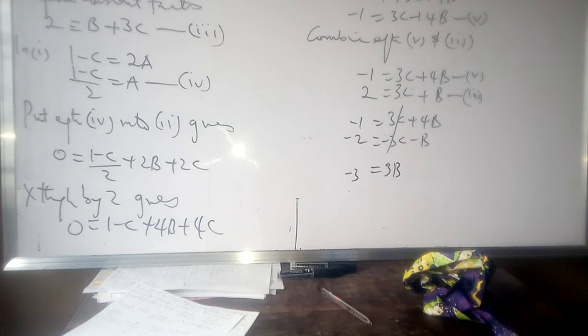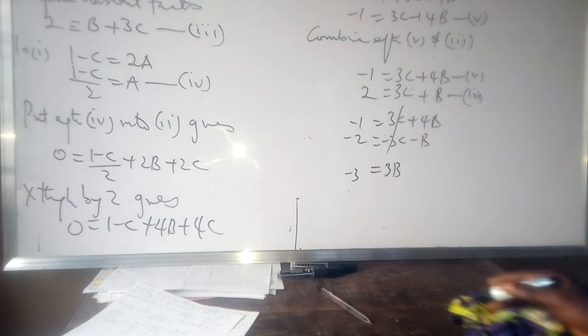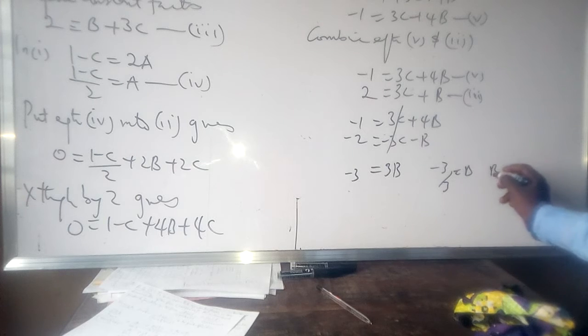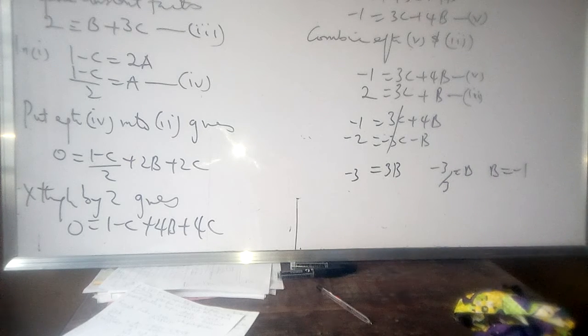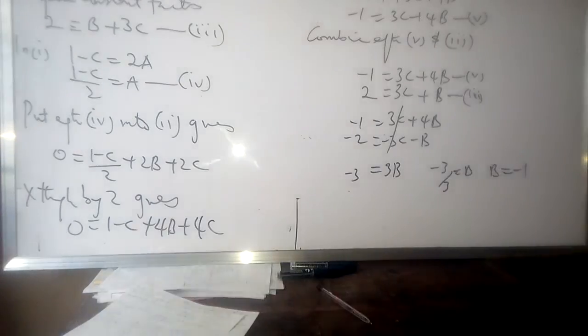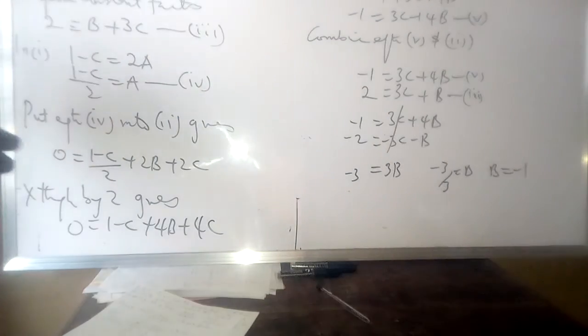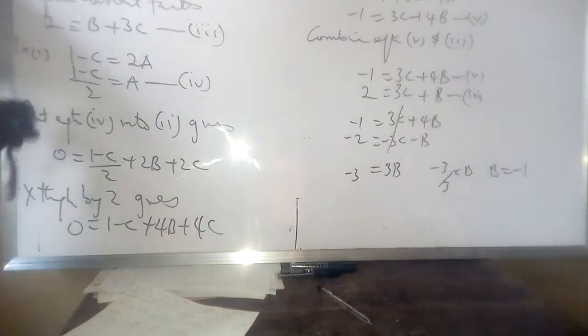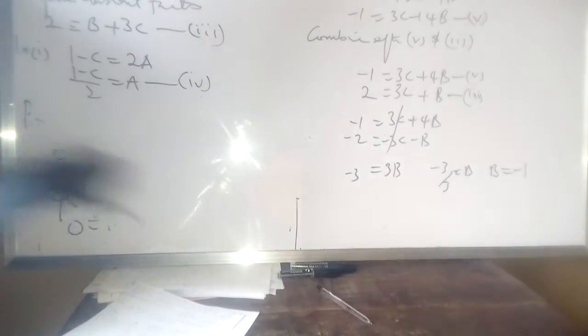So in this case, our b will be, by dividing both sides by 3, minus 3 over 3 equals b. So b is equal to minus 1. So we have gotten b to be minus 1. That will be very easy now to get the other values. From equation 3 you can get c, and from equation 4 you can equally get our a.